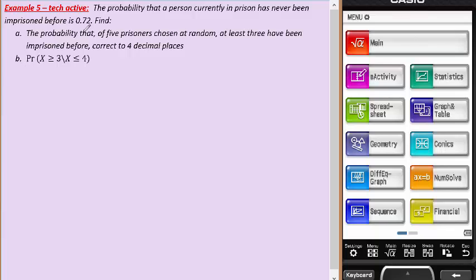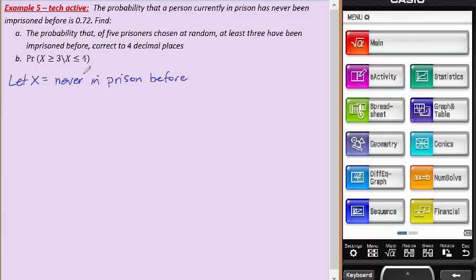We're going to define x as never in prison before.